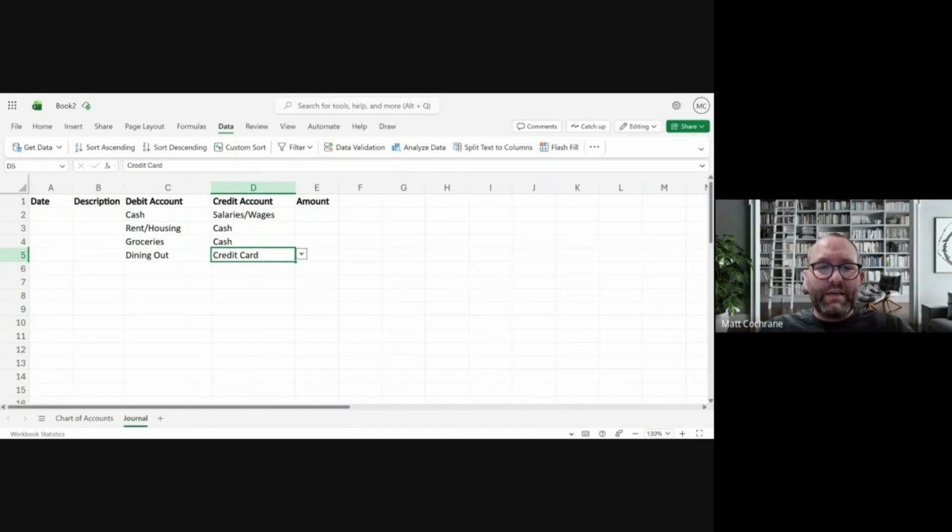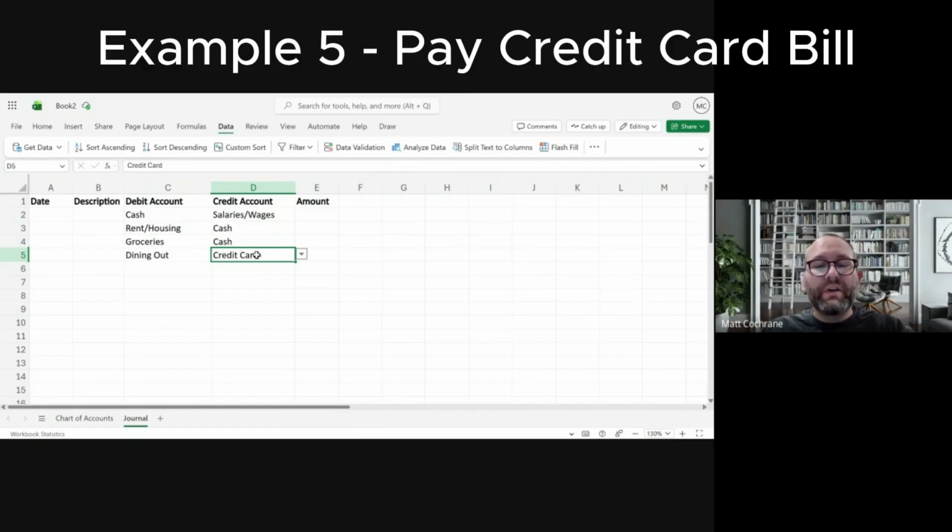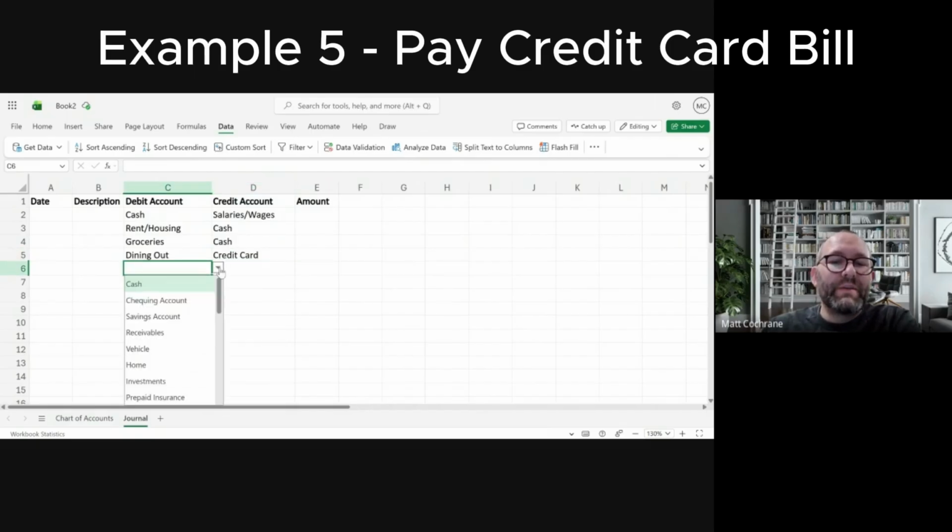All right, the next example is we need to now consider paying our credit card off. If we've increased the credit card balance by a credit, then to decrease the value of the credit card, we would need to debit it. So that becomes the first part, and we just choose the credit card here.